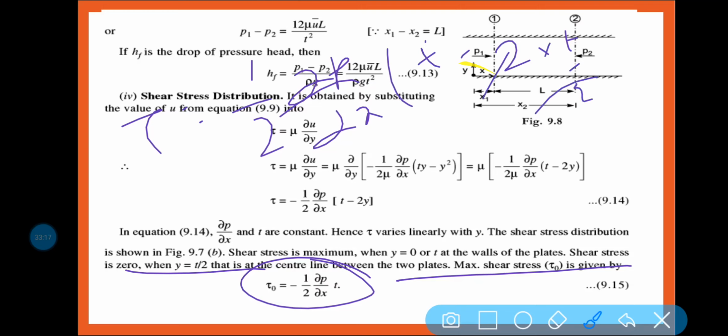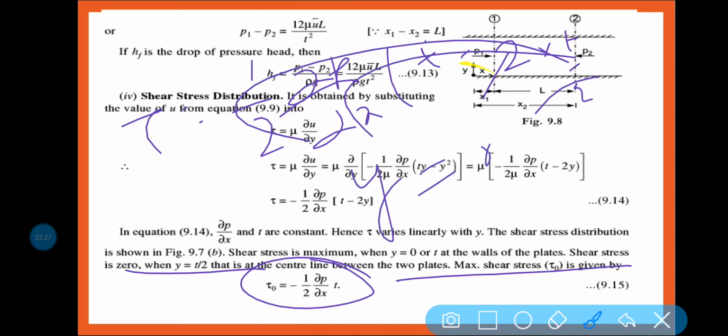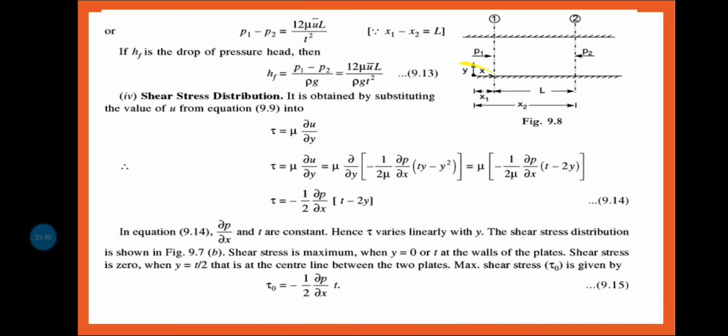So it will be 0 at the middle portion, and when y is equal to 0, you will see only this equation. So tau naught is equal to minus half del p by del x into t. This is the calculation. So what is the maximum shear stress for a parallel plate? Minus 1 by 2 del p by del x into t.